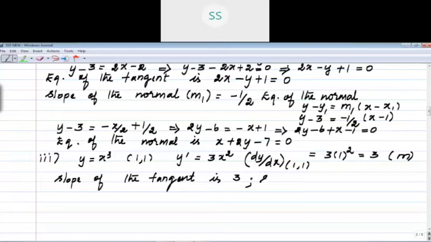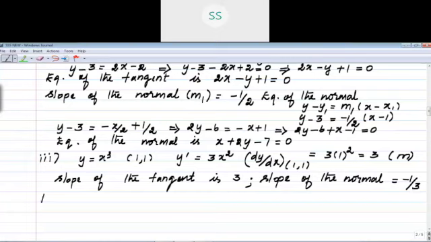Slope of the normal, what is it? I told you. Anyone? Yeah, very good. Minus 1 by 3. How did you say it? The reciprocal of the slope of the tangent with opposite symbol. Here it is positive, so you said minus 1 by 3, right? You have to be attentive, children.